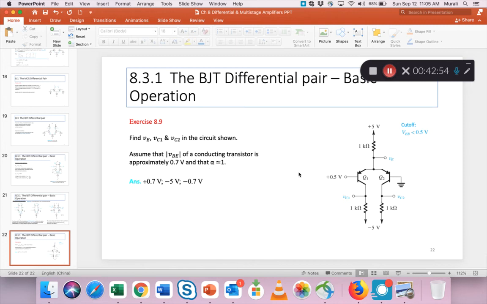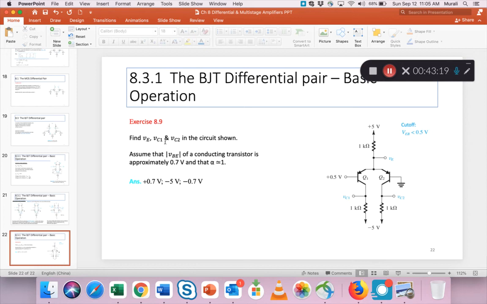So this is the case of a BJT with a differential input signal applied. The differential input signal is 0.5 volts on one transistor base. The other transistor base is grounded. So this is not common mode. This is a differential input situation.